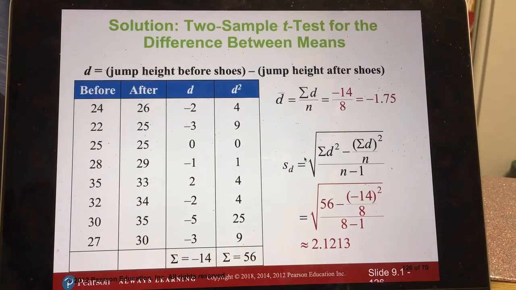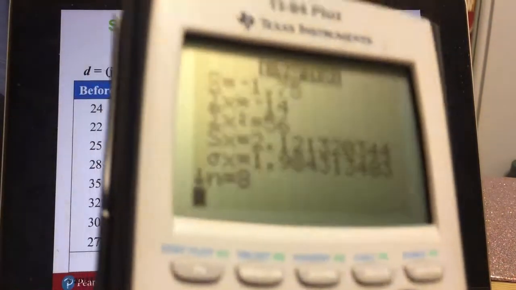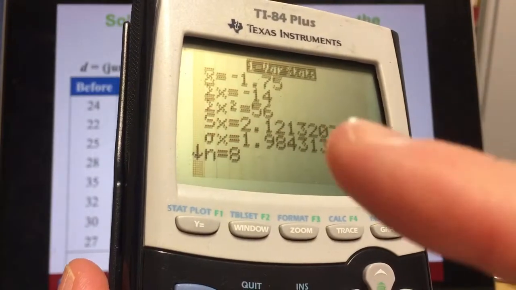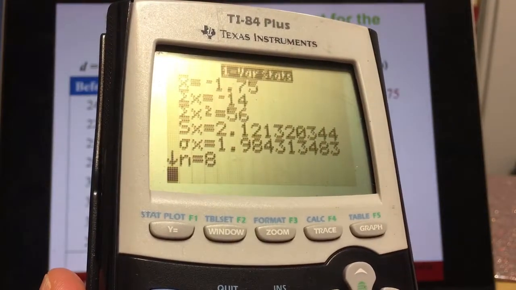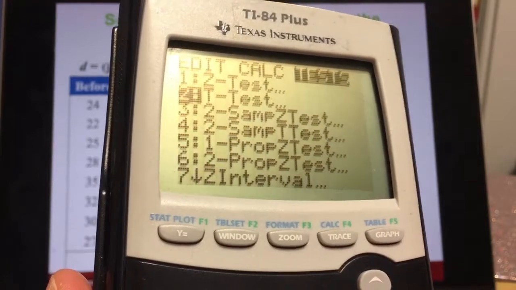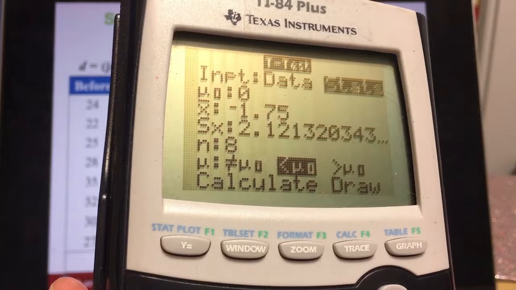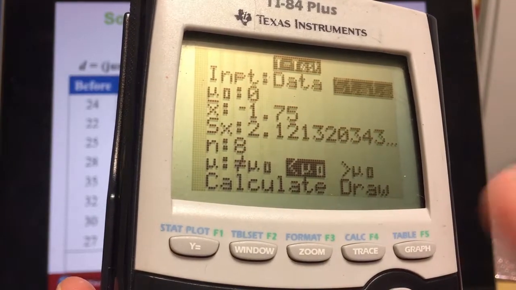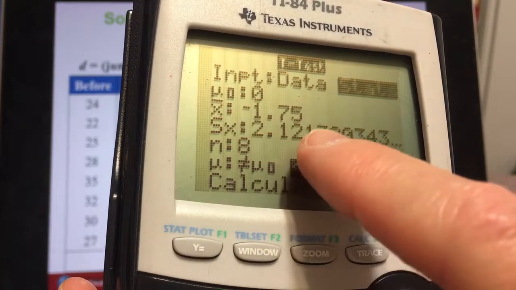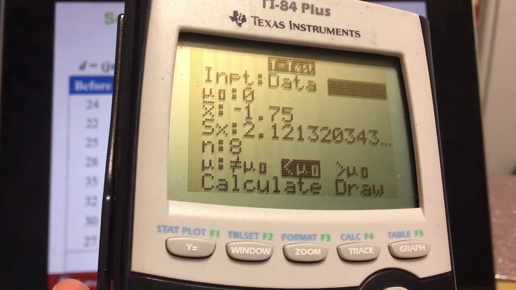Now I have everything calculated, and I'm going to do my T distribution. Not touching anything, I'm going to go stat test t-test, hit enter, and let's see what happens. Look at that. Because my data is in there, it gives me the X bar and the standard deviation. I don't have to do anything.